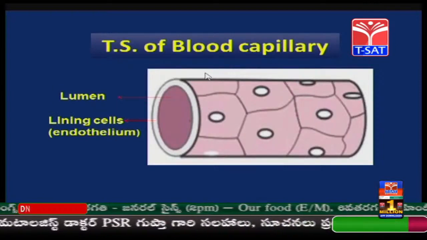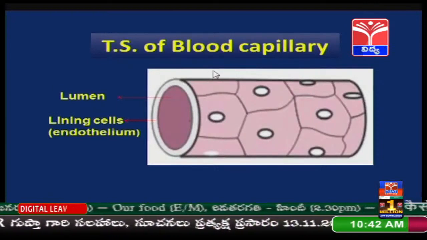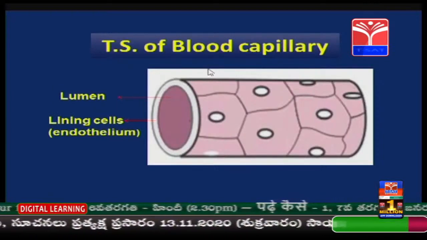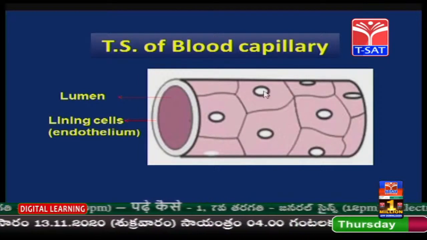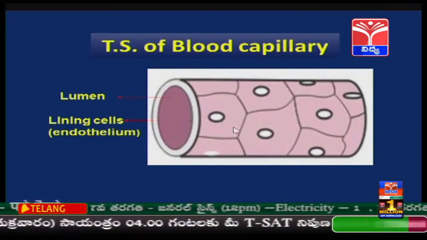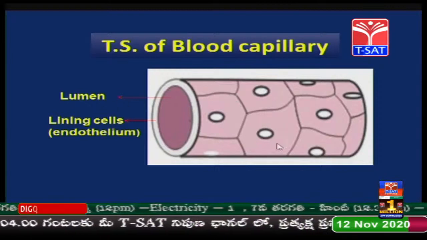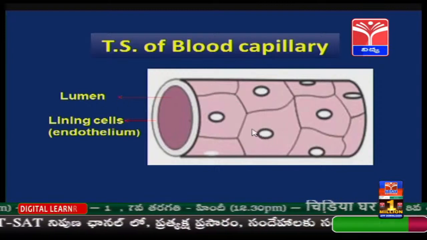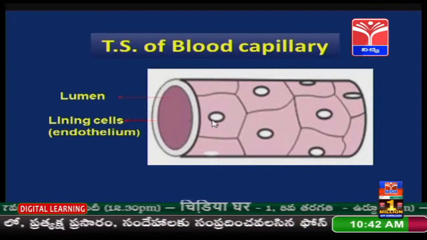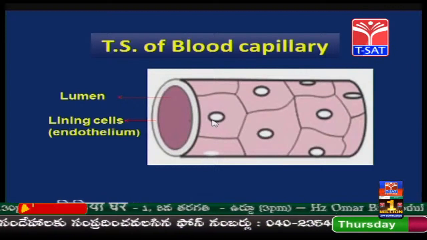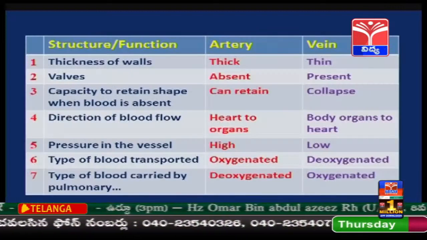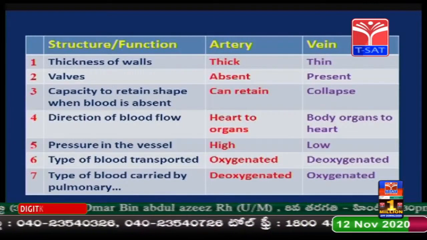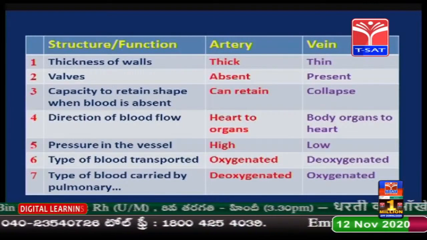Already you know that the arteries and veins are connected by blood capillaries. Blood capillaries are very minute, very fine blood vessels. They are made up of a single layer of cells. They allow the diffusion of various substances. Children, let us see the structural and functional differences between arteries and veins.